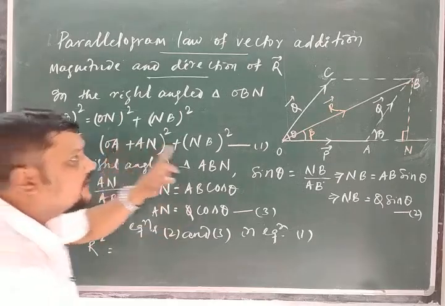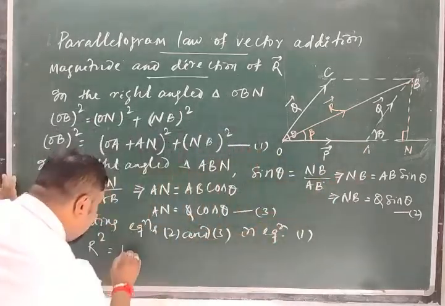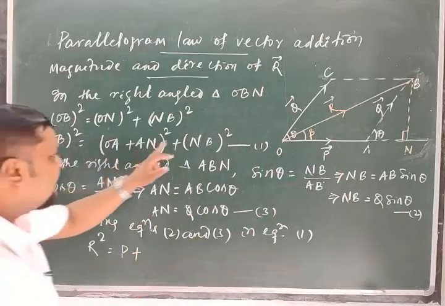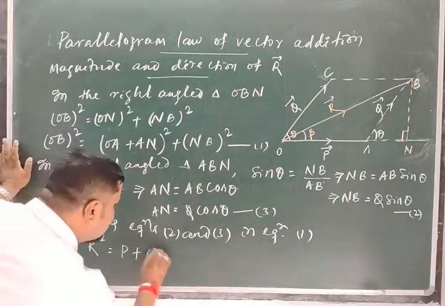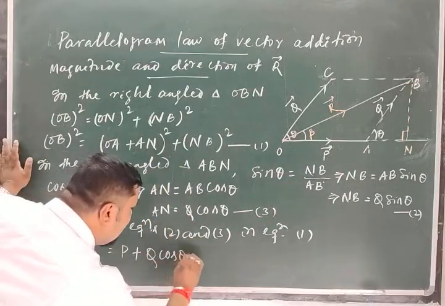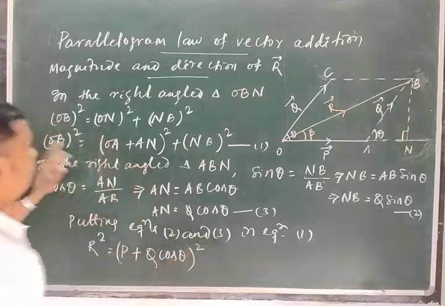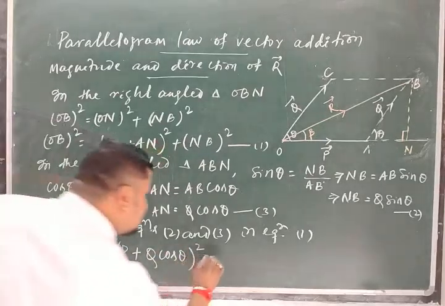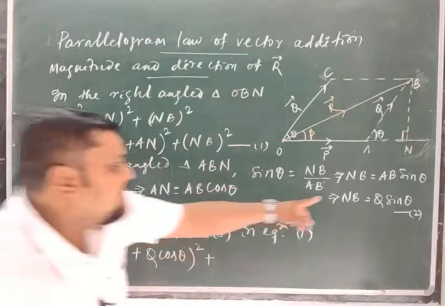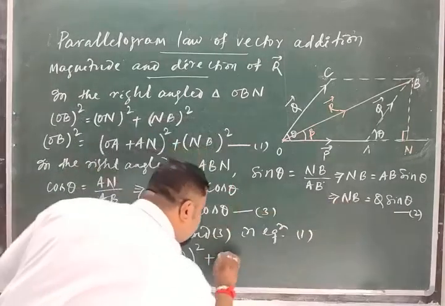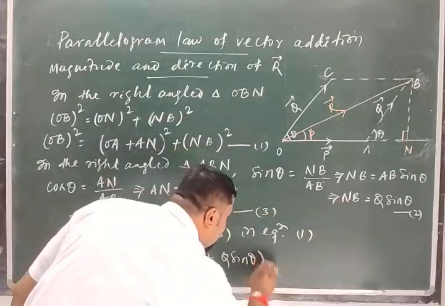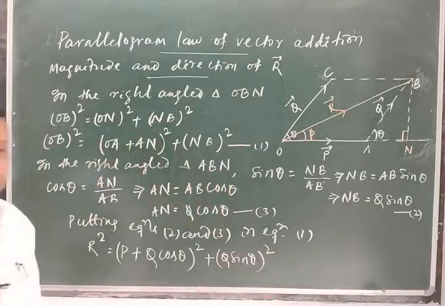OA is P. So P plus AN, which is Q cos theta, so P plus Q cos theta whole square, plus NB square. What is this NB? NB is equal to Q sin theta. So Q sin theta whole square.